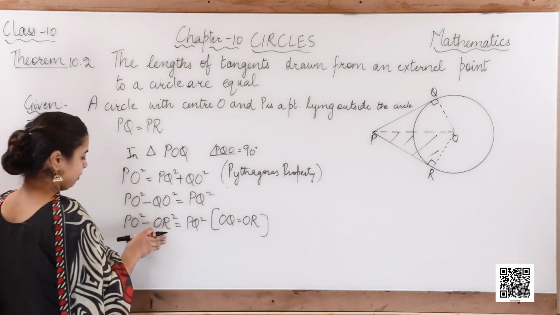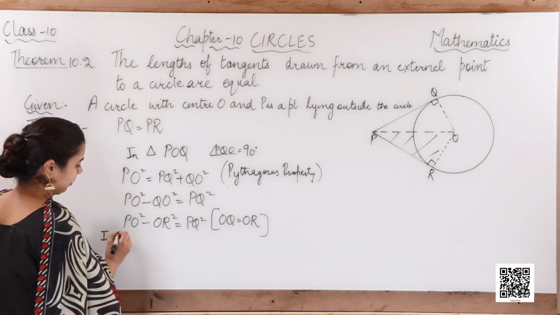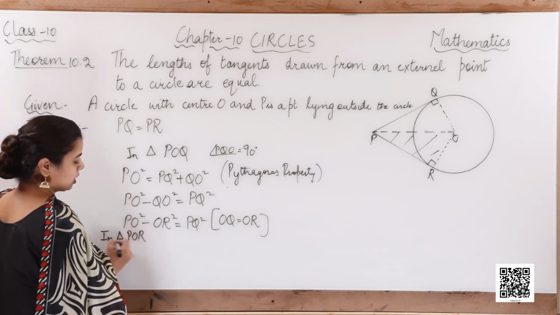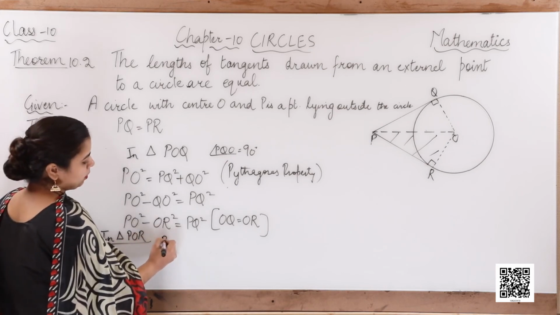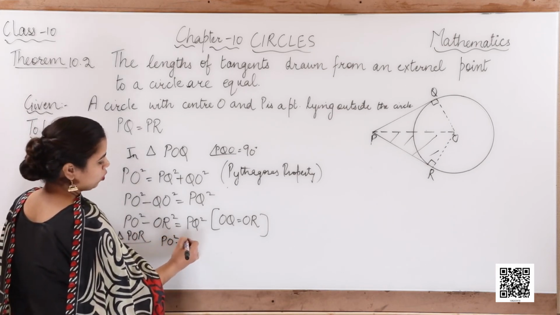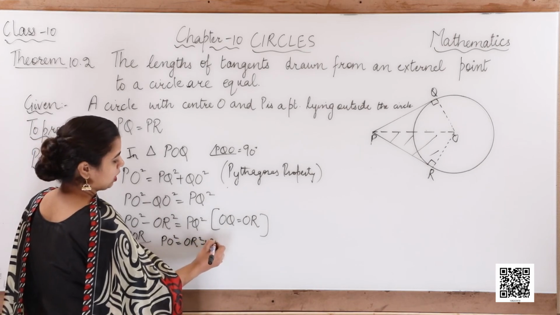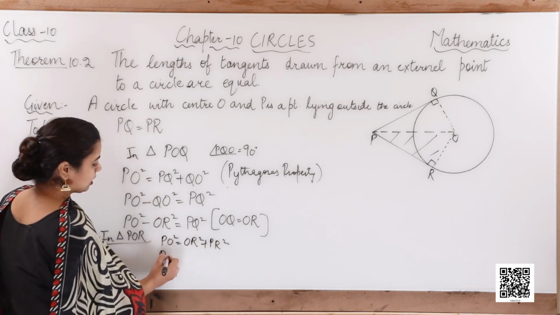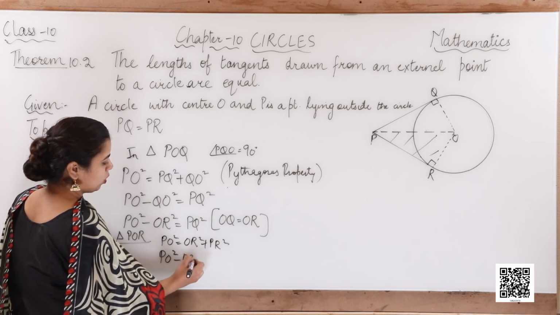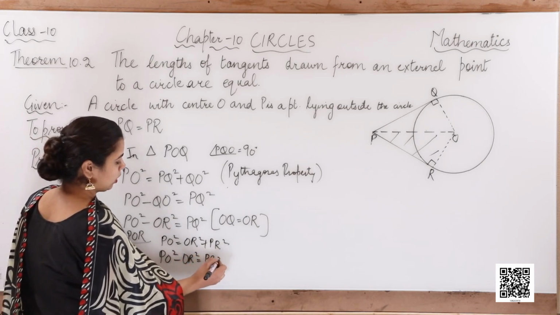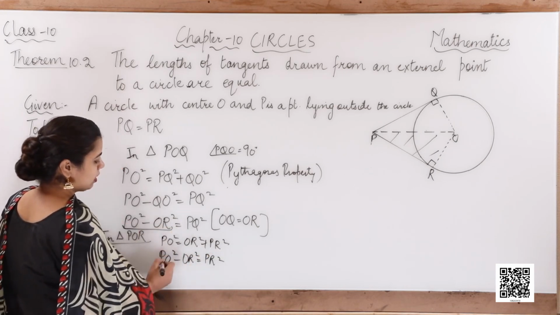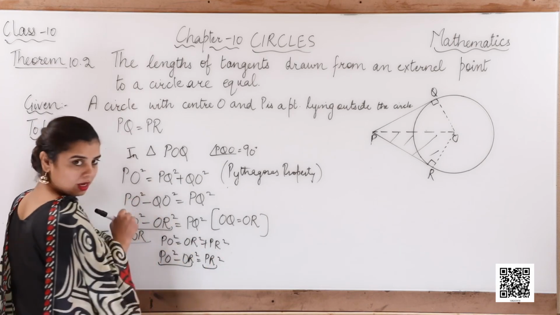So in triangle POR, again since it is a right angle triangle, PO square will be equal to OR square plus PR square, or we can say that PO square minus OR square will be equal to PR square. So this term can be replaced by PR square.